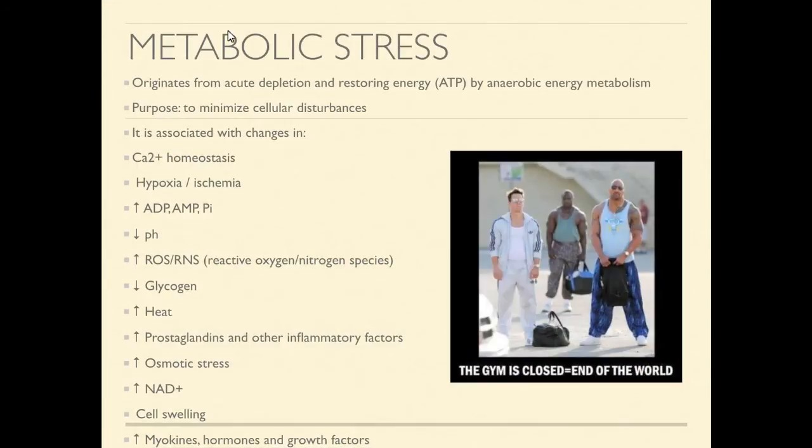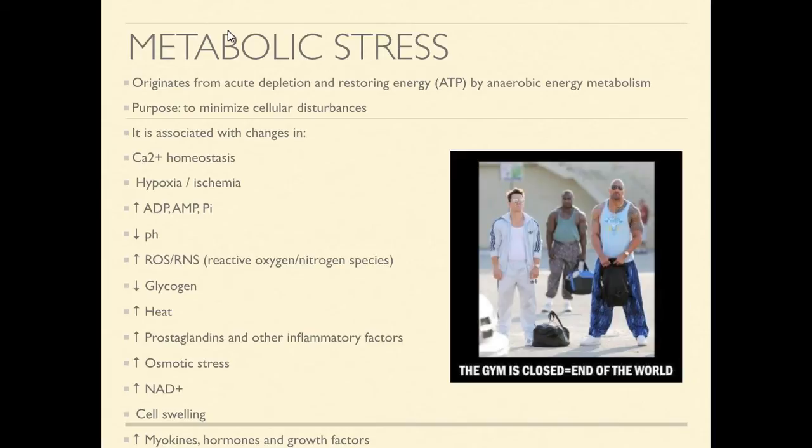One of the first mechanisms we think is responsible for training-induced hypertrophy is metabolic stress. Basically, metabolic stress originates from acute depletion and restoring of energy, or ATP, by anaerobic energy metabolism. The purpose is essentially to minimize cellular disturbances, and it's associated with changes in calcium homeostasis, possibly induced by hypoxia and ischemia.